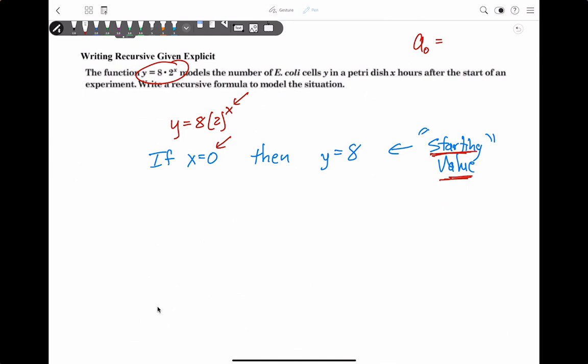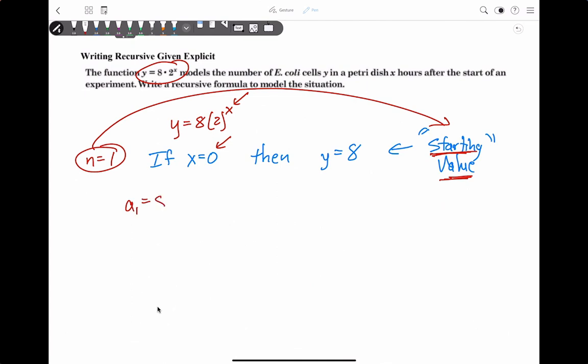But when you transition over to those n's and those n minus 1s or n plus 1s, you're basically saying that this n is your first one in line. Your starting value is when n is 1. So a sub 1 would equal 8. And the reason why that worked is because x in this explicit model is 0.